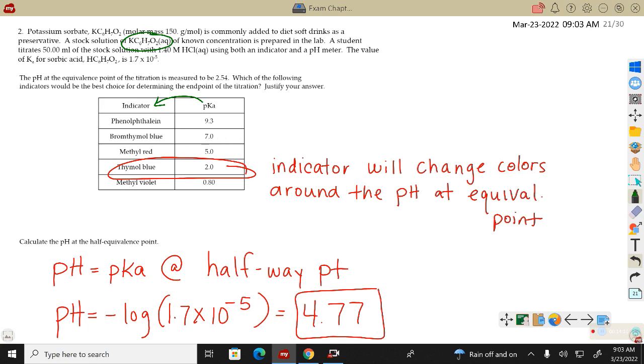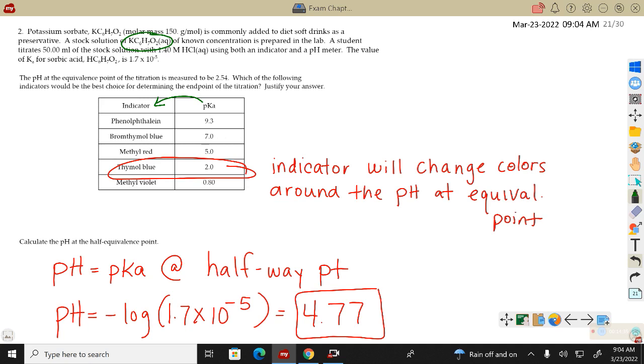So if I want an indicator that's going to turn colors at about a pH of 2.5-ish, I'm going to use that thymol blue. These are the pH ranges where they'll turn colors.